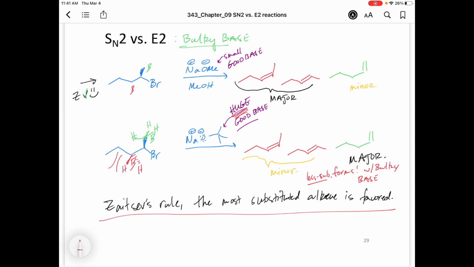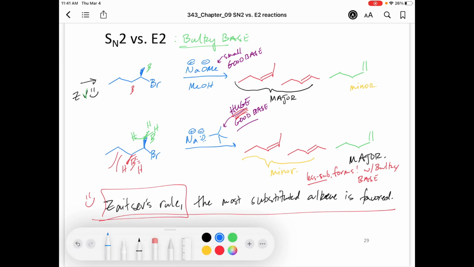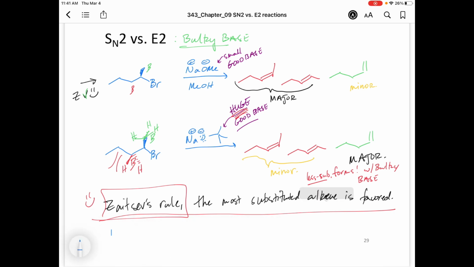So this is just something to highlight that typically we follow Zaitsev's rule. So Zaitsev's rule is followed unless our base is really bulky, like tert-butoxide.